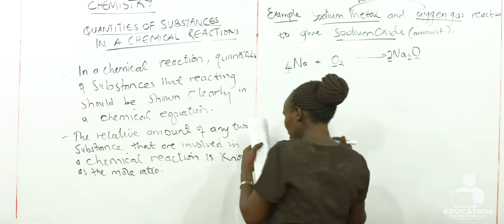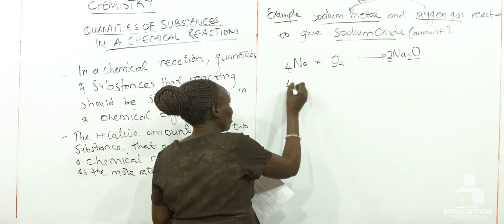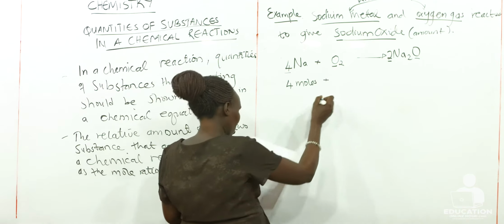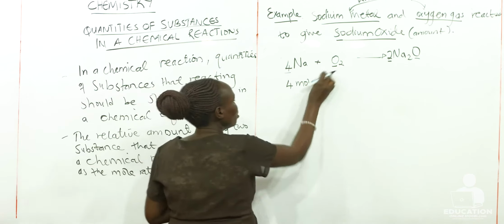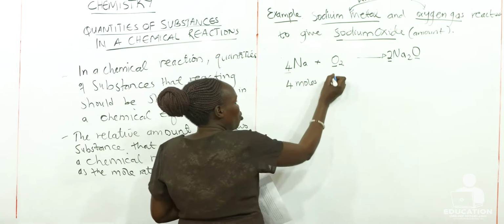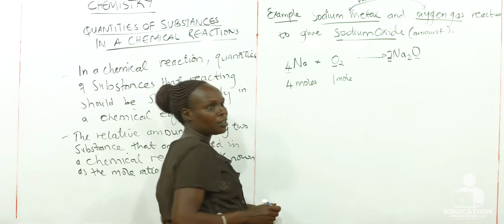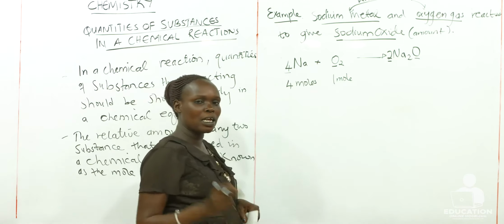So we can put this in words and say 4 moles of sodium plus 1 mole of oxygen, because here we see that there is no number, but we represent it as 1.